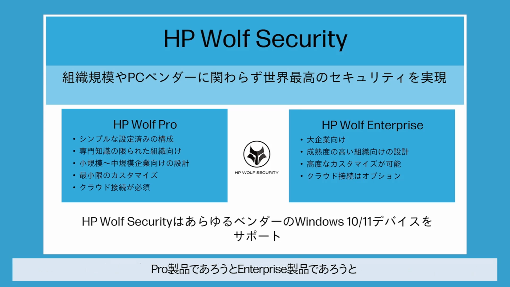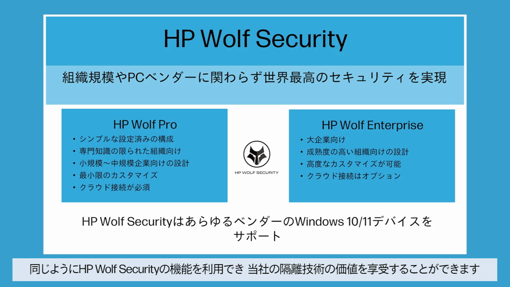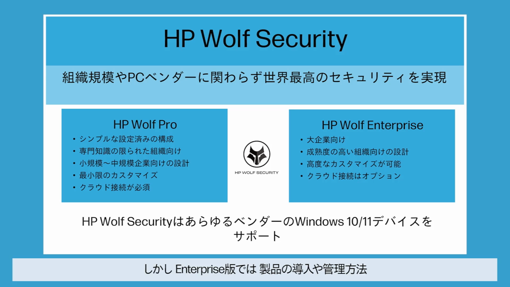So whether you're using Pro products or enterprise versions of the products, you're getting the same Wolf Security features, you're getting the value of our isolation technology, but with the enterprise editions, you're getting that customizable, flexible approach to how you deploy and manage the products, or whether you want to choose to use an on-premise version.